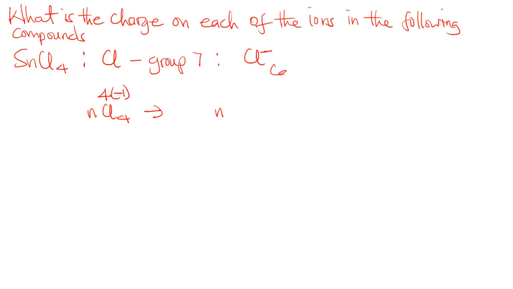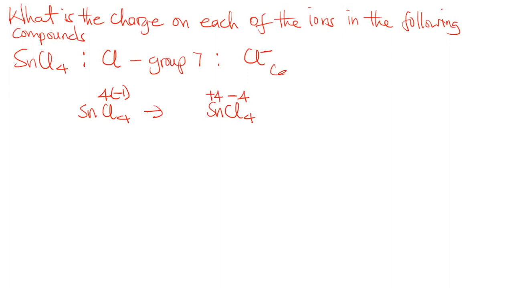So I'll put S here, S here. So tin Cl4. If we multiply this and this, we find that we have -4 here. So if you have -4, you must have +4 on the tin.